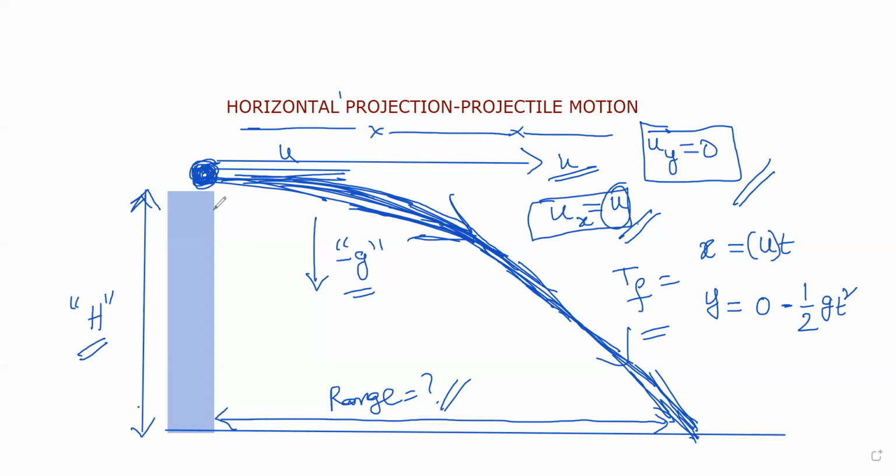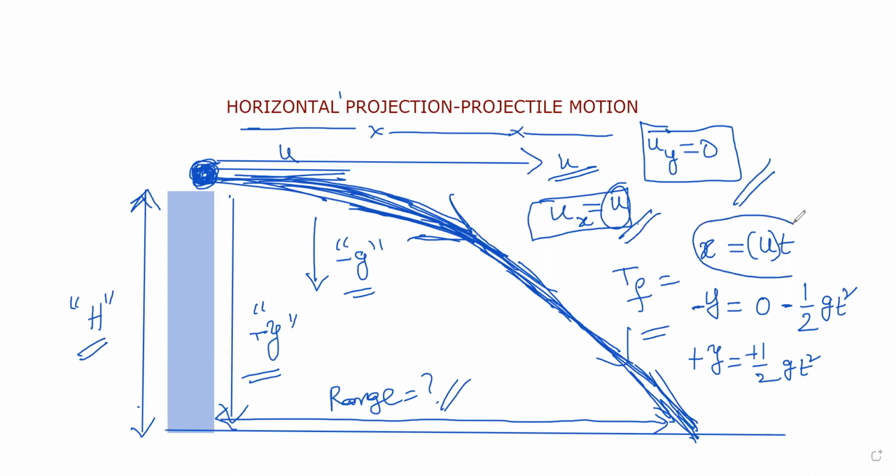But this y measurement we are doing downwards, so you have to consider this as negative y. Because the downward direction is negative, we put negative y here, and now minus y is minus half gt square. So the minus will cancel, and you get plus.